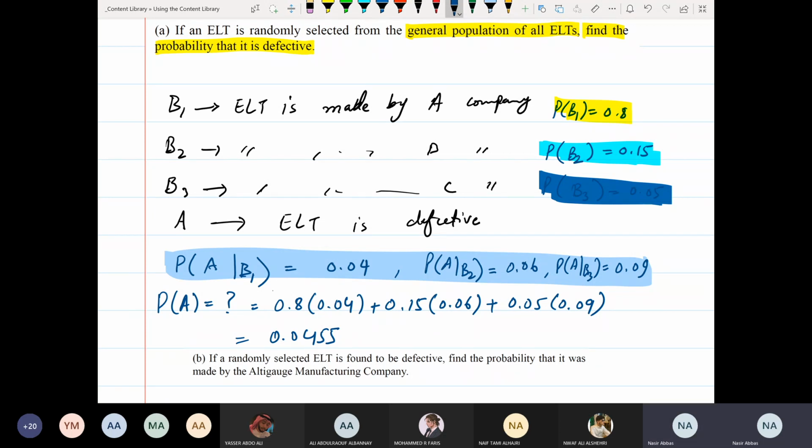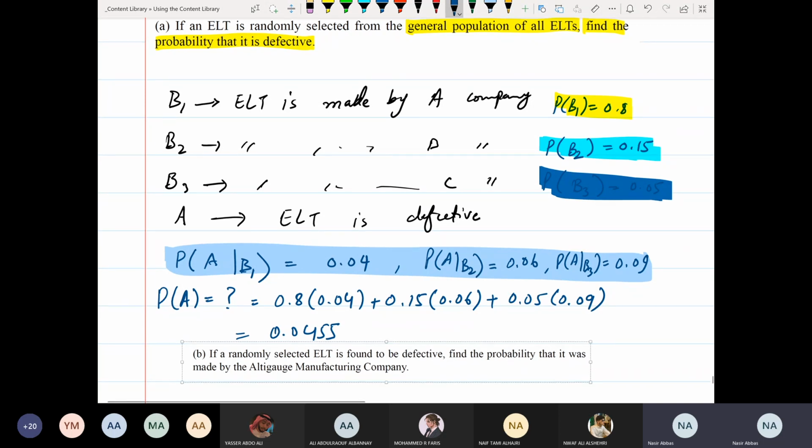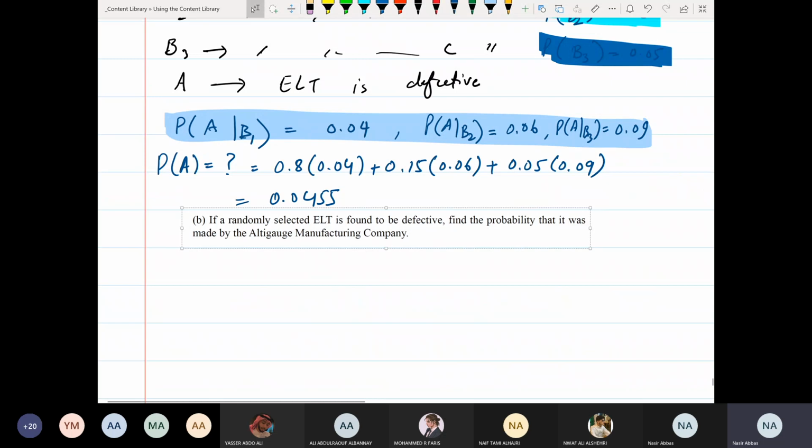Look at the second part. The second part says if a randomly selected ELT is found to be defective, find the probability that it was made by company A. What is required? What is given?